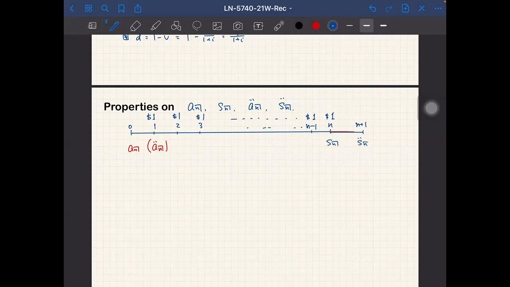So just the point of evaluation is different. We have the value of the same cash flow at different time points.